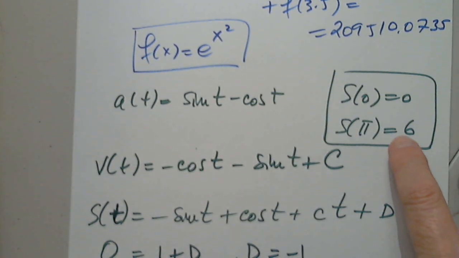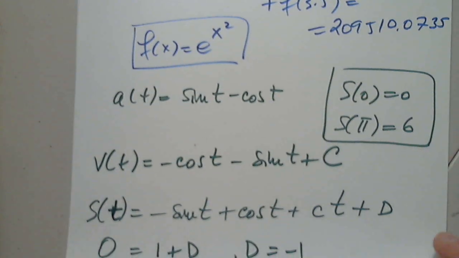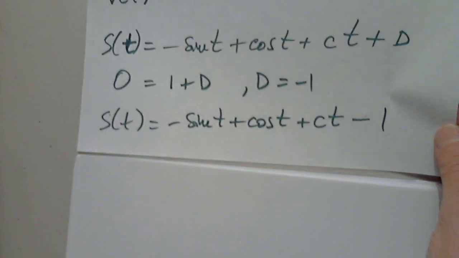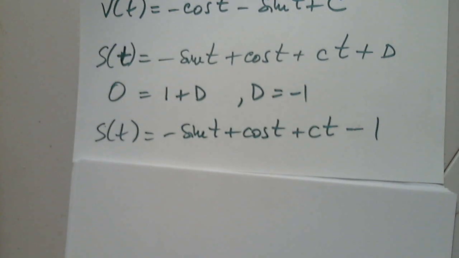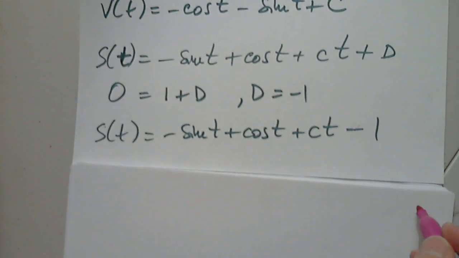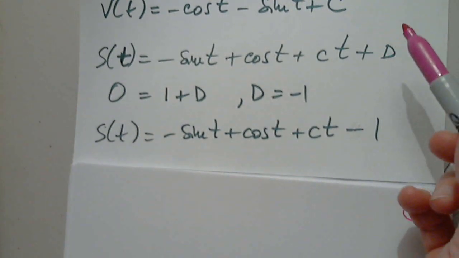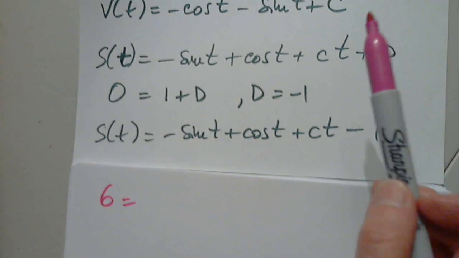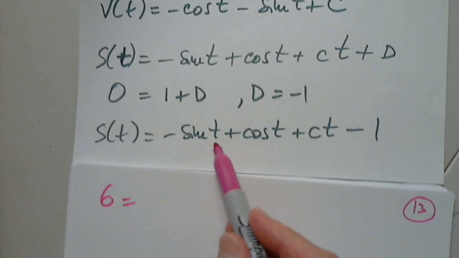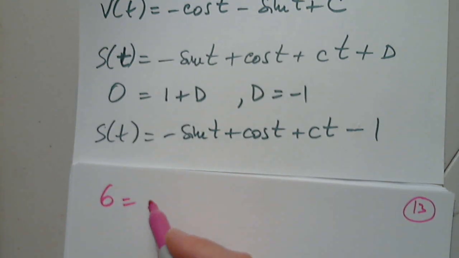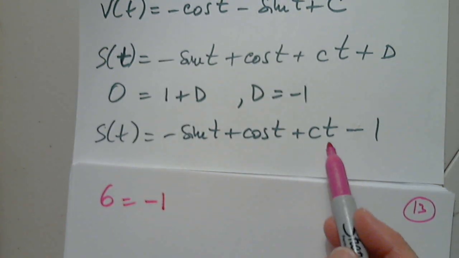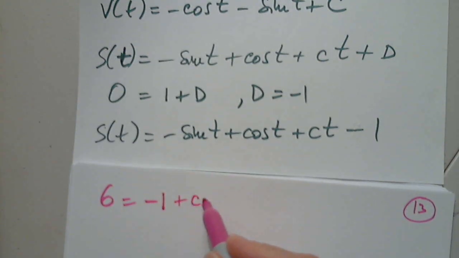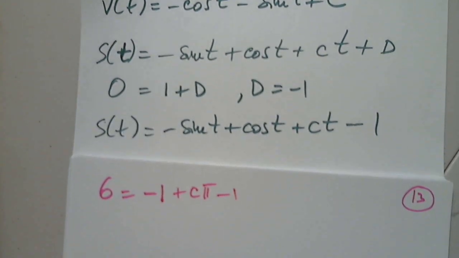Good. Now we have to use the second condition. The second condition states that s is 6 when t is pi. Sine pi is 0, cosine pi is negative 1, pi plus c times pi, or pi times c, minus 1.